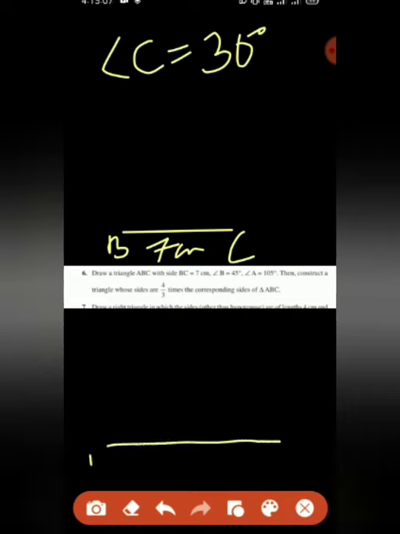After this, you know that angle B is 45 degrees. To draw 45 degrees, I'm doing it on the lower side. This is BC, suppose.